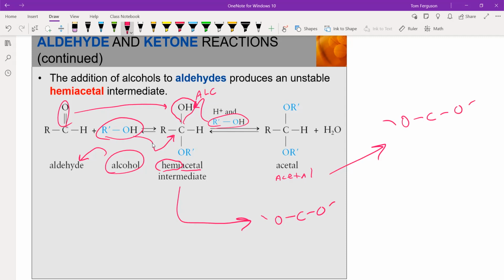A hemiacetal also has an oxygen, carbon, oxygen bond. A hemiacetal has OH present. An acetal has no OH present.